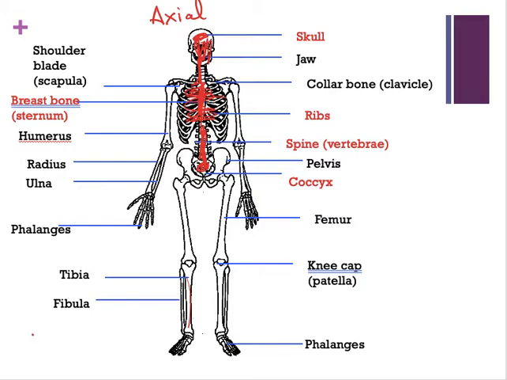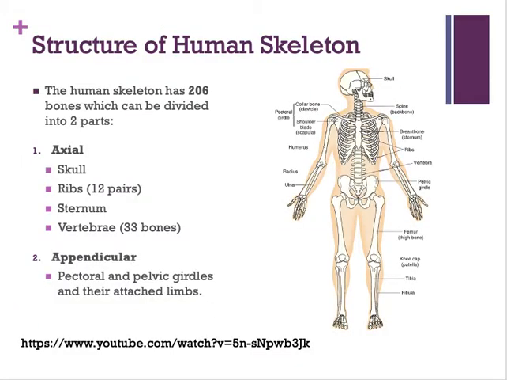So let's just zero in for a sec on the axial skeleton again. It consists of the skull, 12 pairs of ribs, sternum, and the vertebrae, which make up our vertebral column at the back. And then the appendicular, we have the pectoral girdle, which, as I said, is up here around the top of your shoulders.